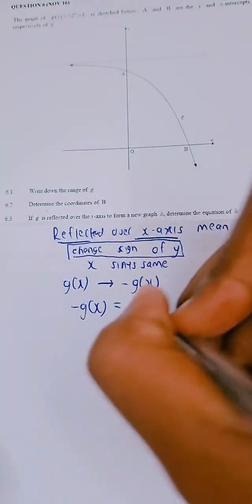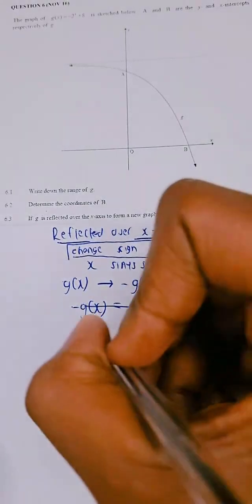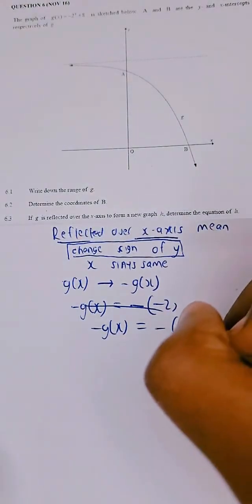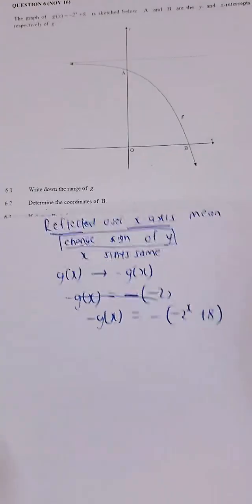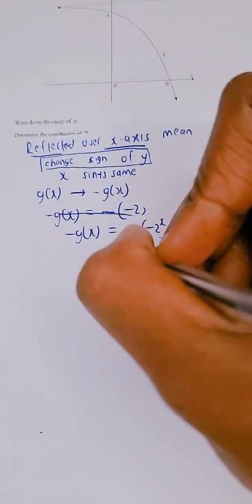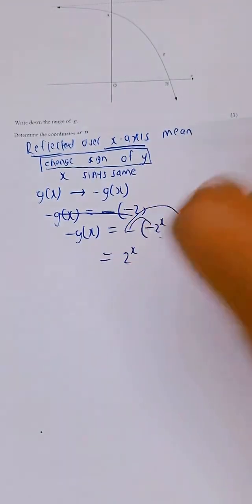Negative G of x is going to be negative into negative 2 to the power x plus 8. Then we distribute negative times a negative, that is going to be positive 2 to the power x. We distribute negative 8. So this is going to be h of x.